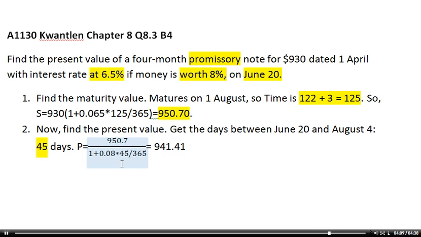And then we divide it by 1 plus RT. Notice now we use this different interest rate. The interest rate we were given was 8%, so it's 1 plus 0.08 times the time, and we worked it out at 45 days, 45 divided by 365, which gives us a present value of 941.41. Thank you.